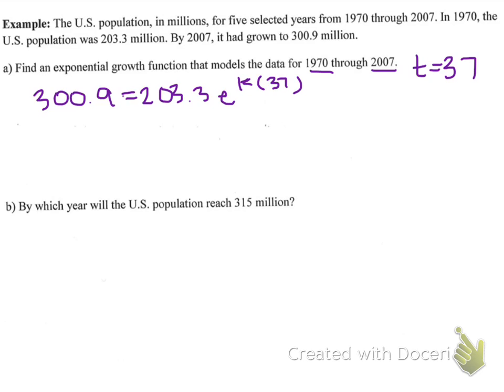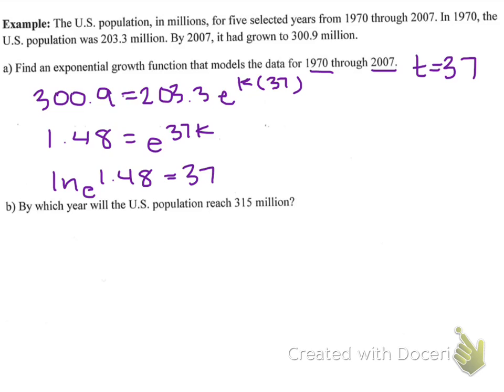So we're going to divide the 203.3 over, and when I do that, I get 1.48 equals e to the 37k. We are in exponential form, so I'm going to put it in log form. So I have natural log e of 1.48 equals 37k.